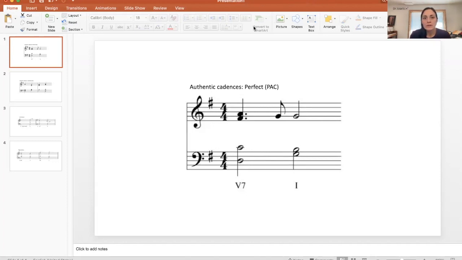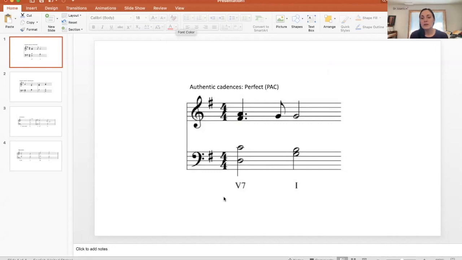So let me get my notation tool here. Just to get started with authentic cadences, we know that there are two types of authentic cadences. One is perfect, one is imperfect. Now, a perfect authentic cadence has to satisfy two different criteria.